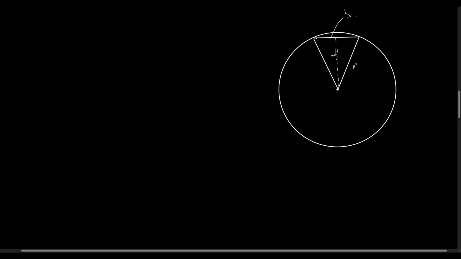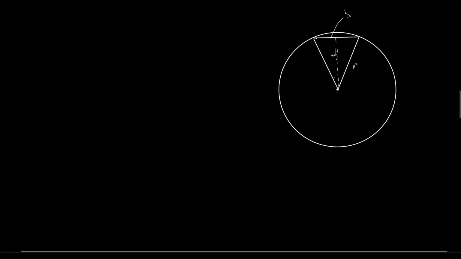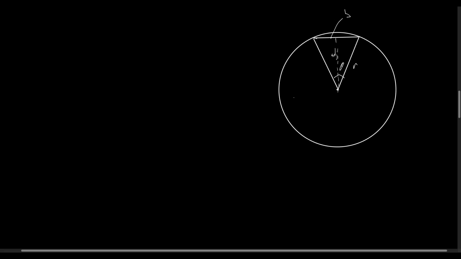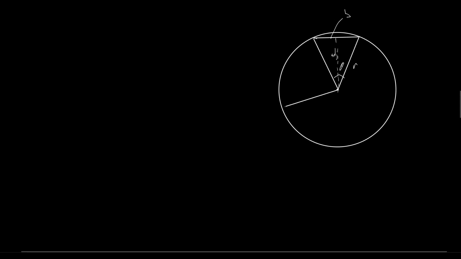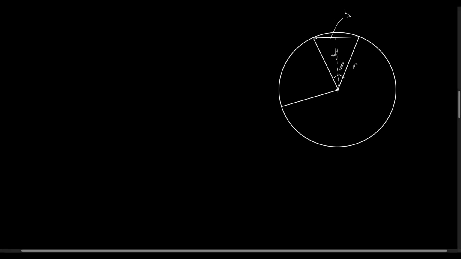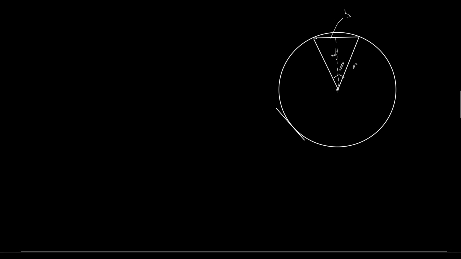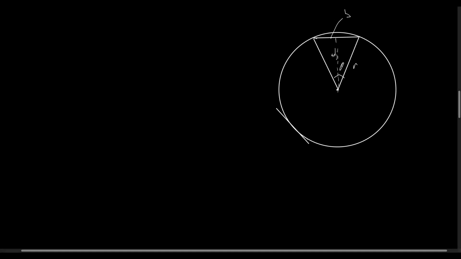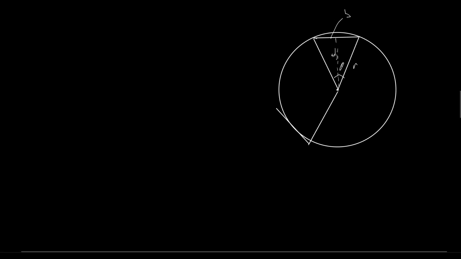So the base there. Now I'll just quickly draw what would be circumscribed with the same, and I'll call this angle theta. Now for a circumscribed polygon, just a rough drawing here.